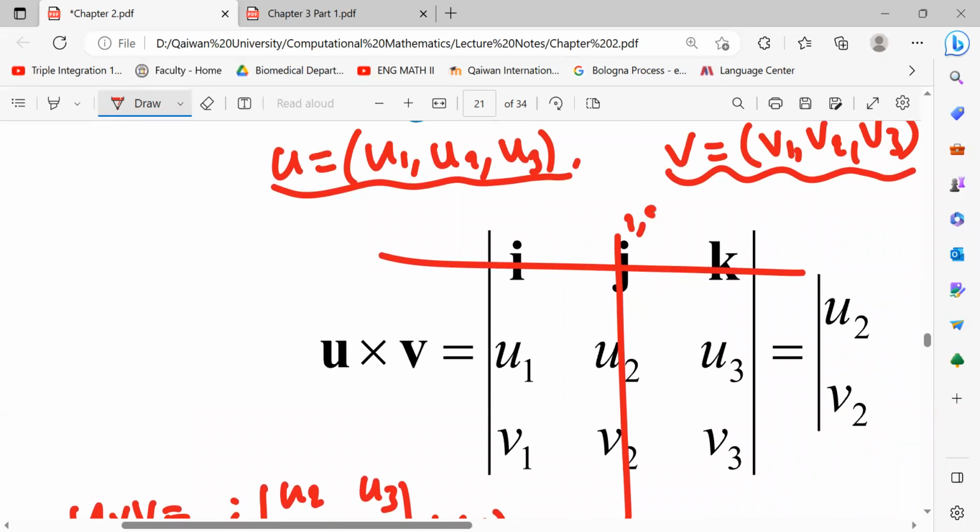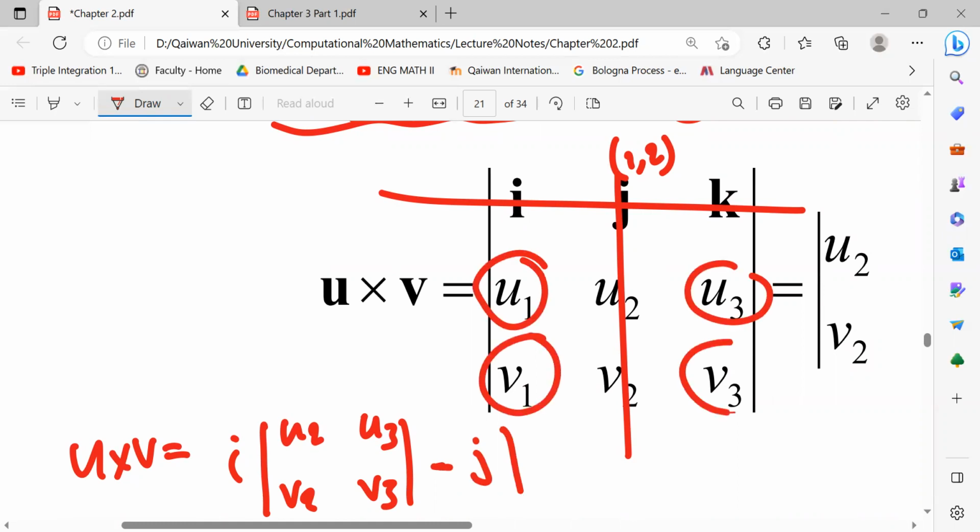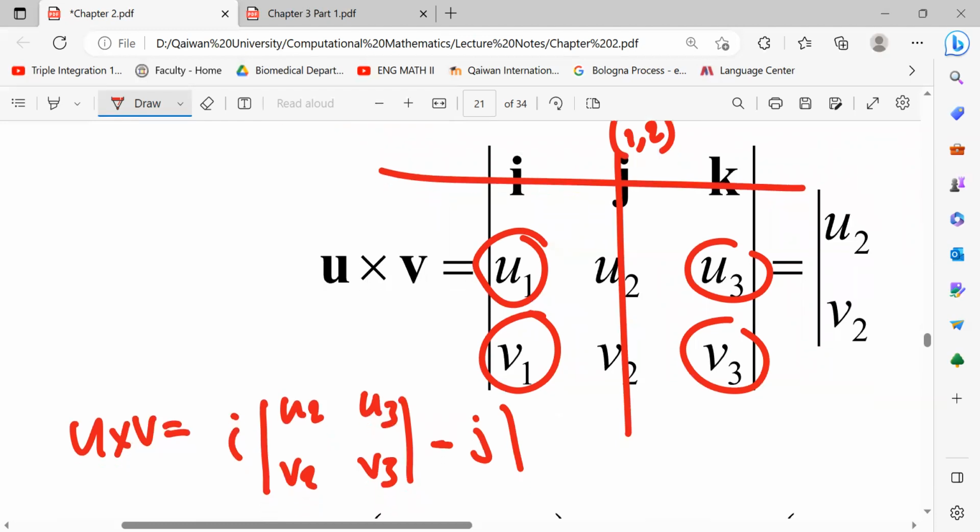It's 1, 2, in row 1 and column 2. So it's -1 to the power 1 plus 2, which is 3, so you get -1. It's minus j. What's left? If you remove row 1 and column 2, we get those 4 elements.